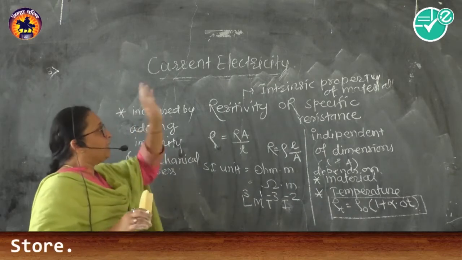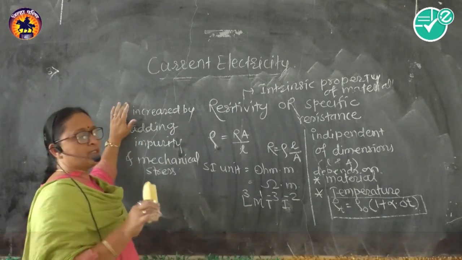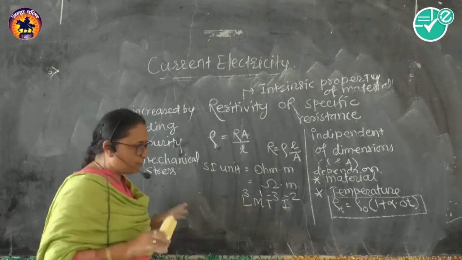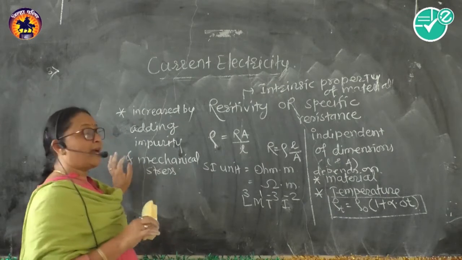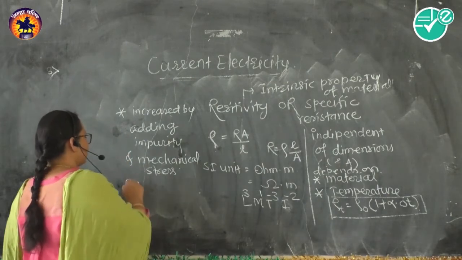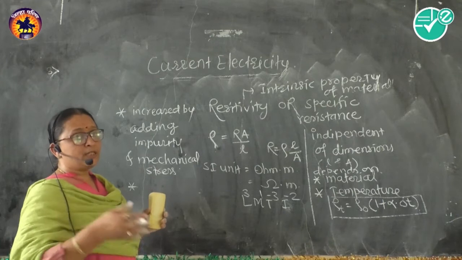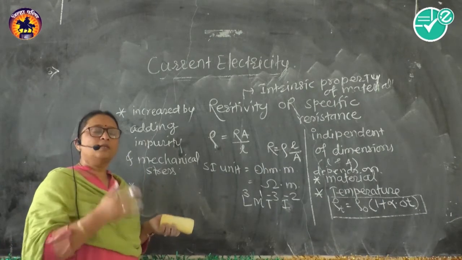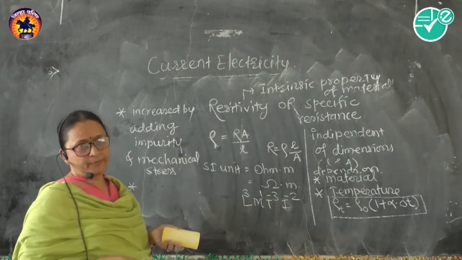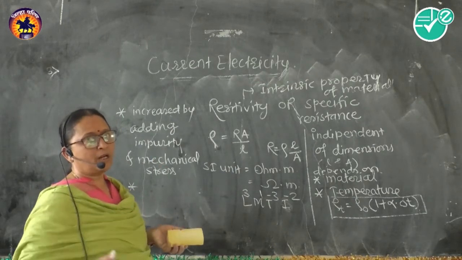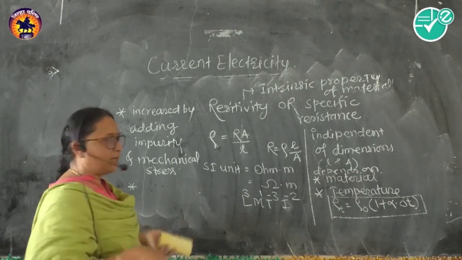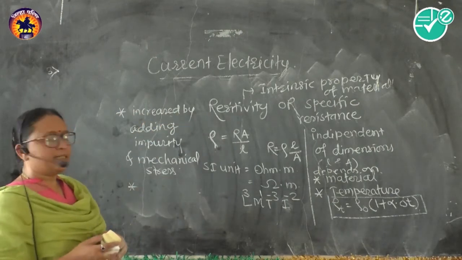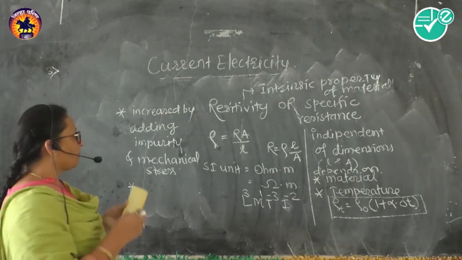At the same time, resistivity gets increased or changed by adding some impurity to the pure conductor, as well as by increasing its mechanical stress. The intensity of an applied magnetic field also causes an increase in resistivity. Only this is not possible for materials like iron. So this is an important physical quantity known as specific resistance.